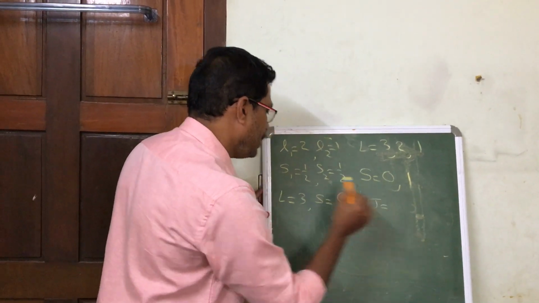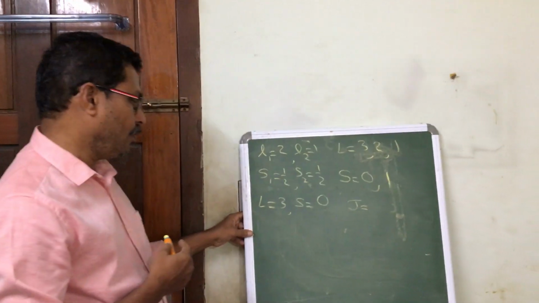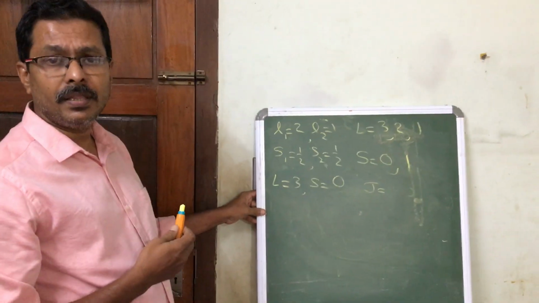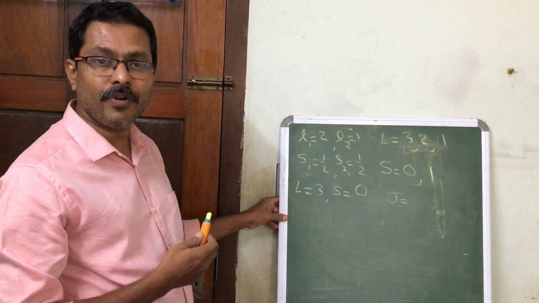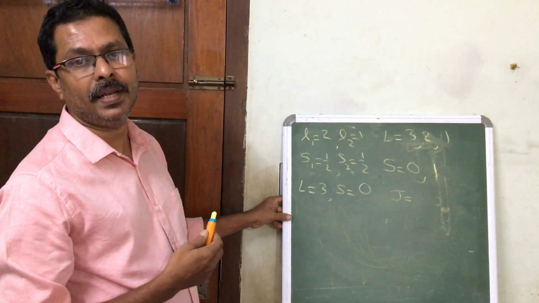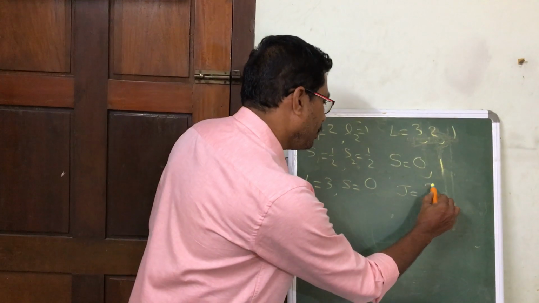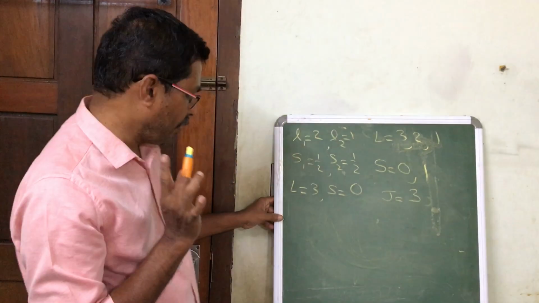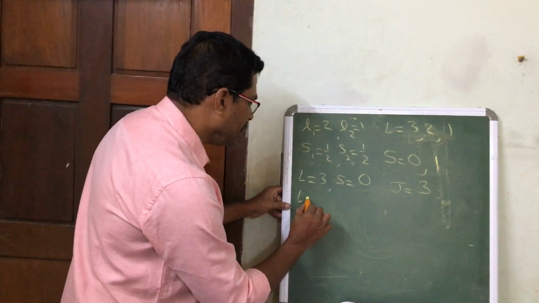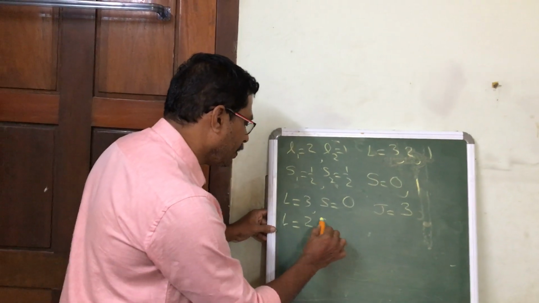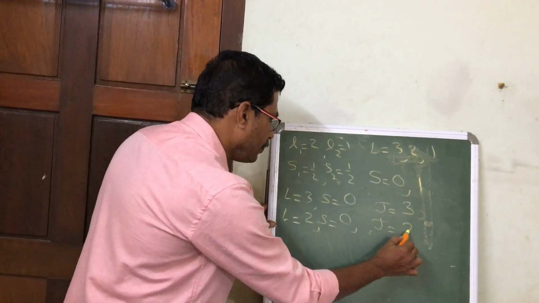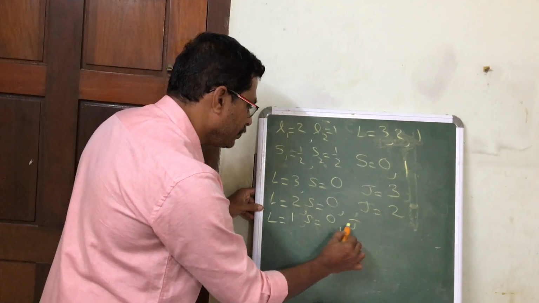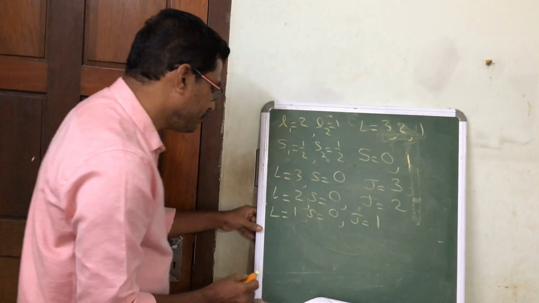As we have already discussed, when L and S are combining, the possible values are from L plus S to L minus S. So here L plus S is 3. Similarly, L minus S is also 3. So we will be getting only one value. And with L equals 2 and S equals 0, only one value. L equals 1 and S equals 0, this J can have value 1.